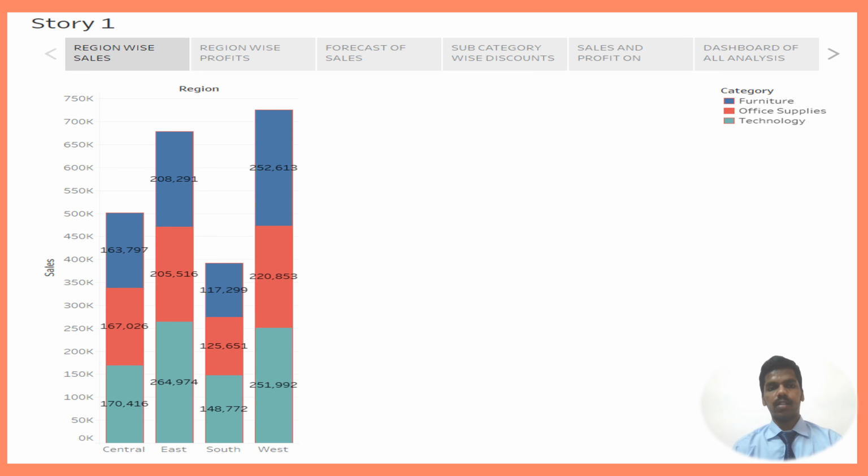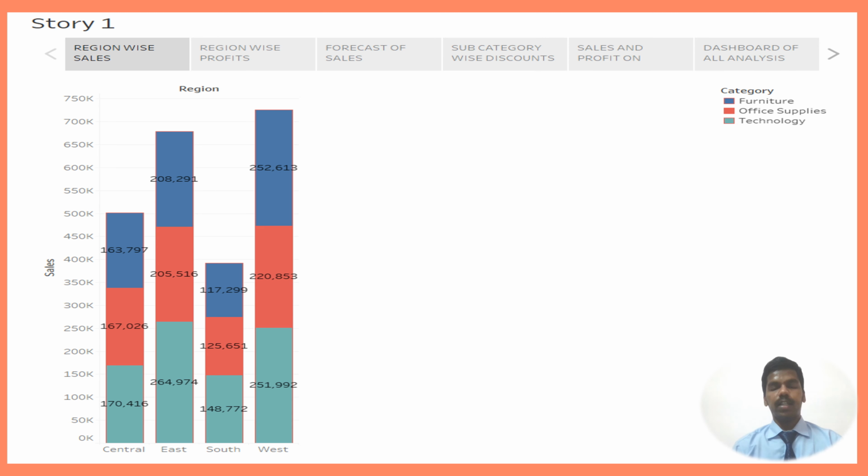We can see in the graph that blue color stands for the furniture, red stands for the office supplies, and green stands for the technology. And the four graphs stand for the four regions, that is south, north, east and west. Here we can observe that compared to the region wise sales in the south, the other regions' sales were comparatively less, and some regions have more.